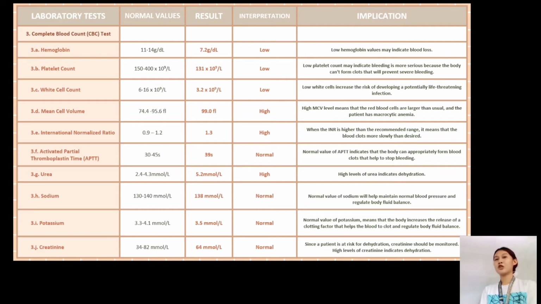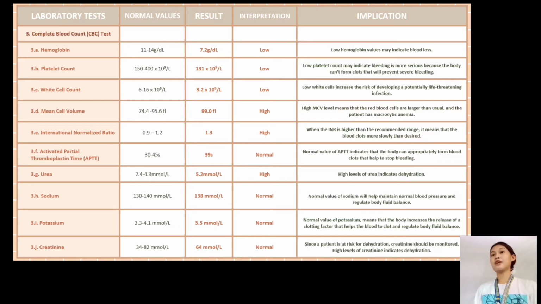Mean cell volume. The normal value for mean cell volume is 74.4 to 95.6 femtoliter. The result is 99.0 femtoliter. The interpretation is high. Implication: high MCV level means that the red blood cells are larger than usual and the patient has microcytic anemia.